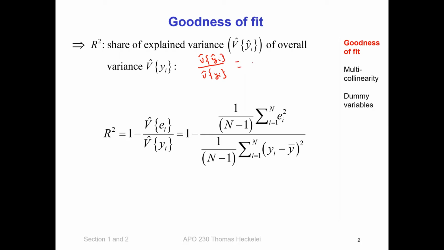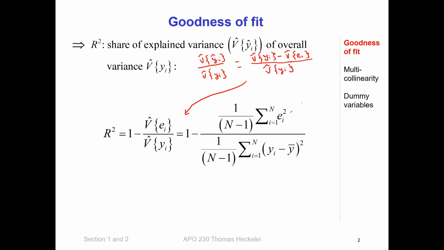And then if you write the numerator as the estimated variance of y_i itself minus the estimated variance of e_i, the denominator stays the same, then it comes exactly to the definition of the R square that we have seen ever since we know OLS, right?